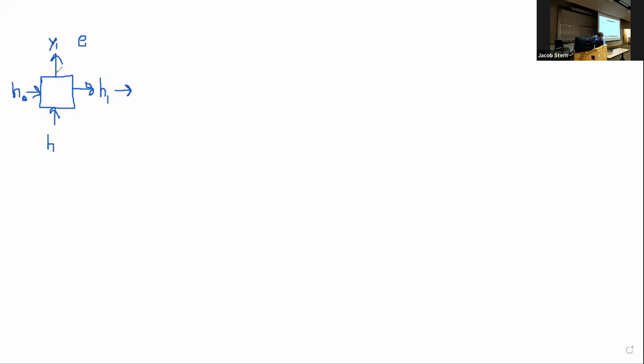So then our network produces a prediction Y1 as well as a new hidden state H1, and that gets passed into the same recurrent neural network with the same weights.